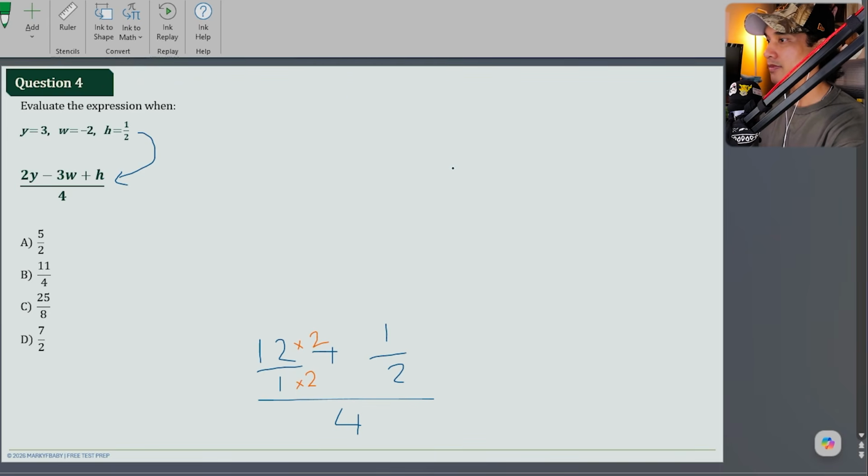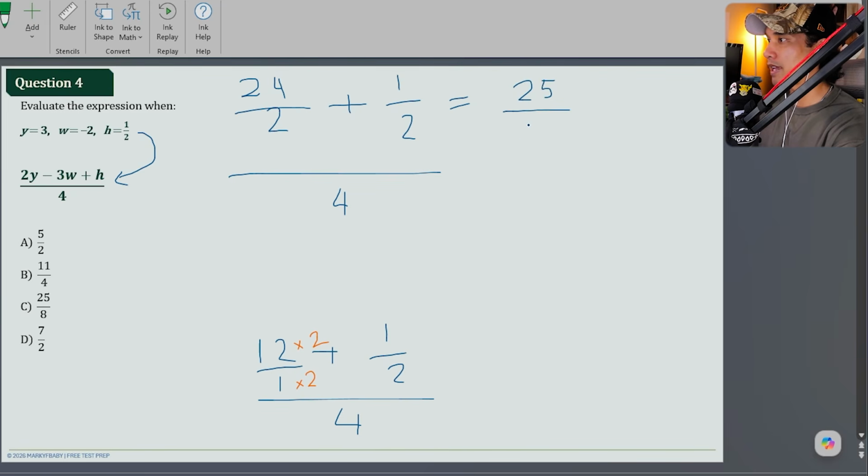Okay? So what we're left with is 24, right? Because 12 times 2 is 24, over 2 plus 1/2. Okay? Everything over 4. And this part, just this part, the numerator, 24 plus 1 equals 25.